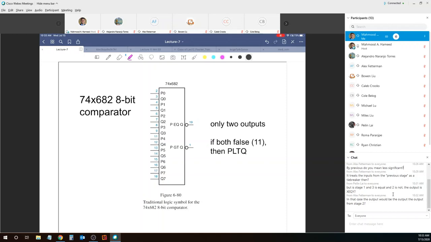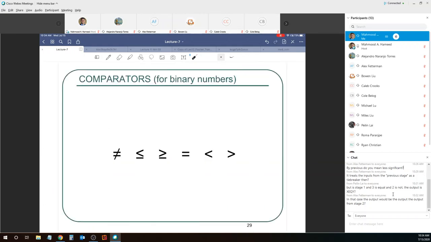Clearly, if both of them are false, and because these are active low outputs, both false means 1, 1, then P will be less than Q. In other words, you can derive this new P less than Q comparator output using the P equal and P greater than Q outputs. In fact, you can derive all the others. So for all 6 of them, all you would need is equal and greater than. If you have those 2, you can derive all the others.